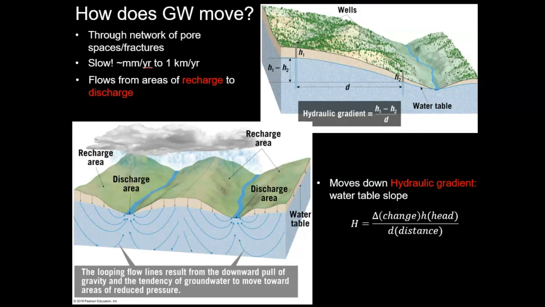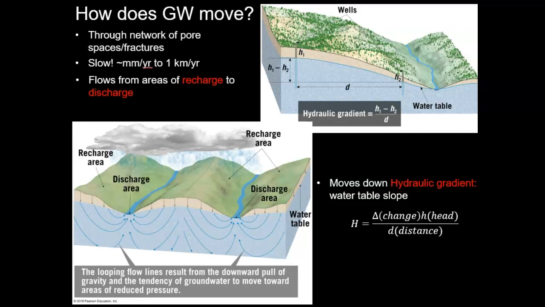So again, the deeper you go, the greater the pressure, and so the water is basically driven upwards due to this pressure. And so these curves form as a compromise basically between the force of gravity pulling the water down and the tendency of water to flow back towards zones of lower pressures.